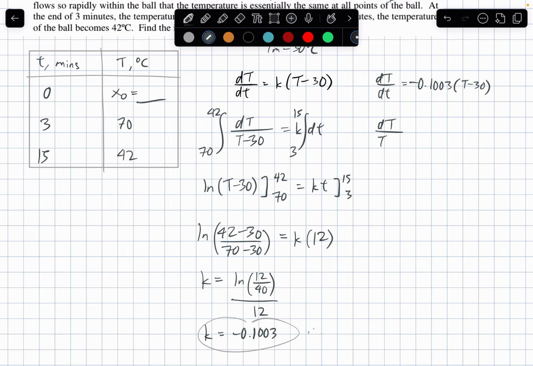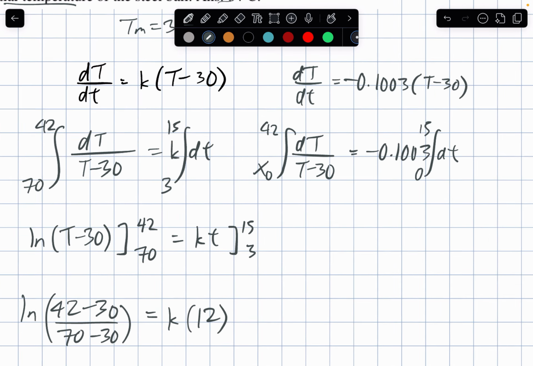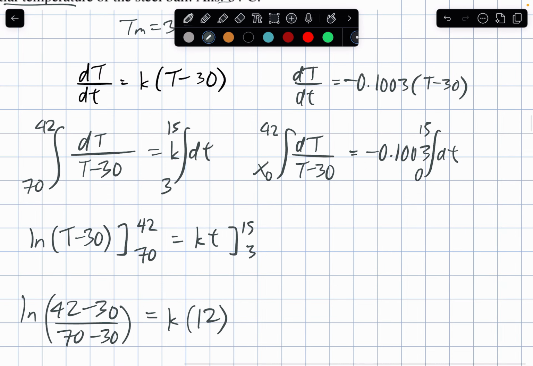Rearrange, T minus 30. Let's use either of these two complete pairs. I want to use 15 and 42. So 15, 42, x sub o, 0. We're going to look for x sub 0. We know the time, which is 0. So ln, let's bring it down.